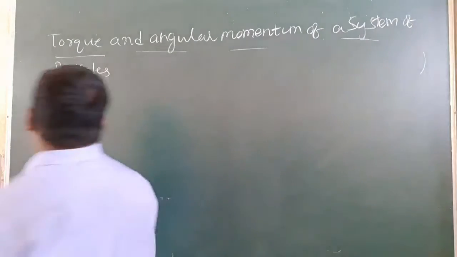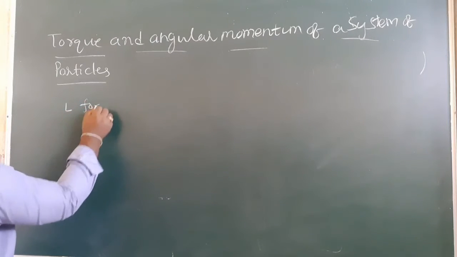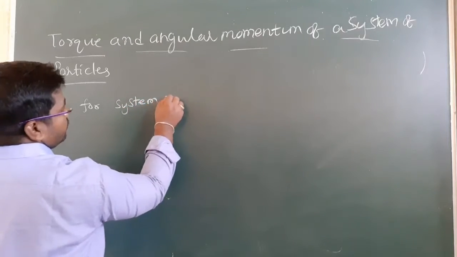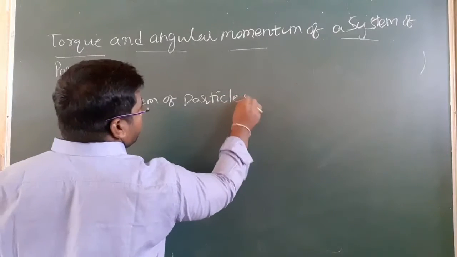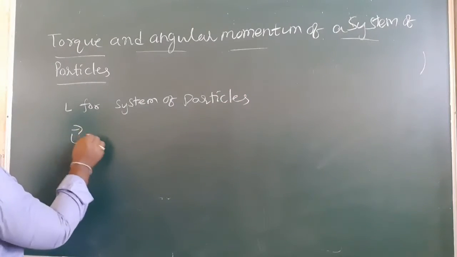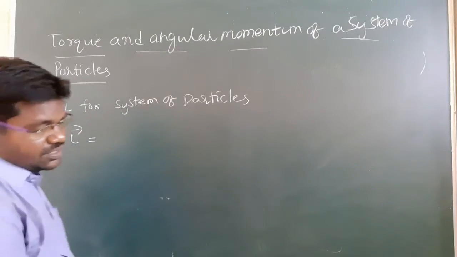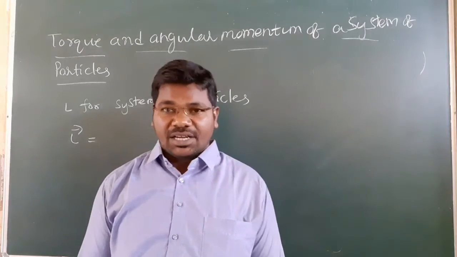Okay, so angular momentum L for a system of particles. The total angular momentum is the vector sum of the angular momenta of all particles.